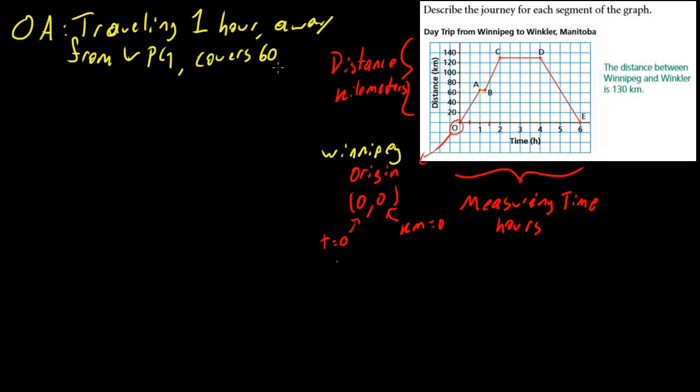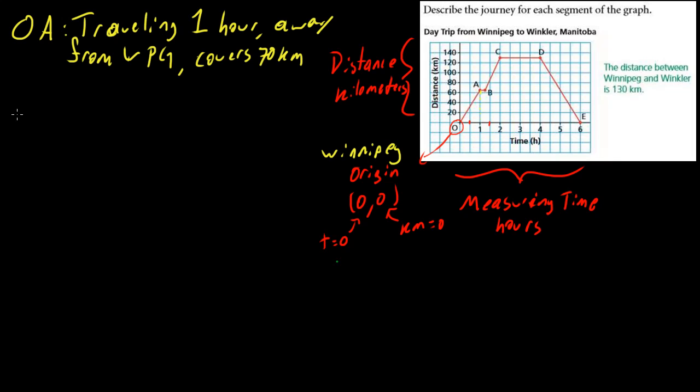So I'm actually going to back that up a little bit and put that it covers 70 kilometers. That's our distance from 0 to A, it looks like it's right in between. If you want to put 62 or 65, that's fine with me, but I read this as 70. Make sure it's not 60, make sure it's not 80. And it took them an hour to do.